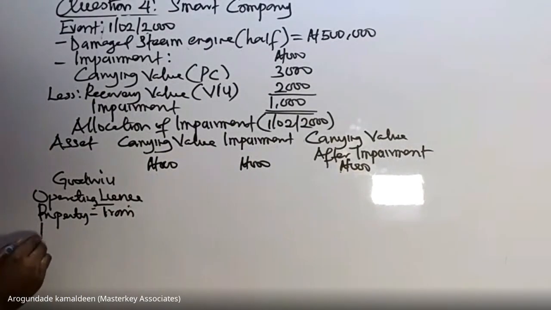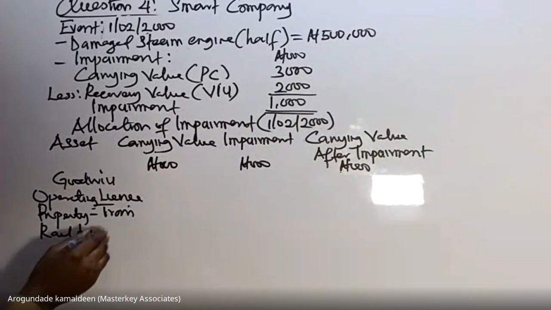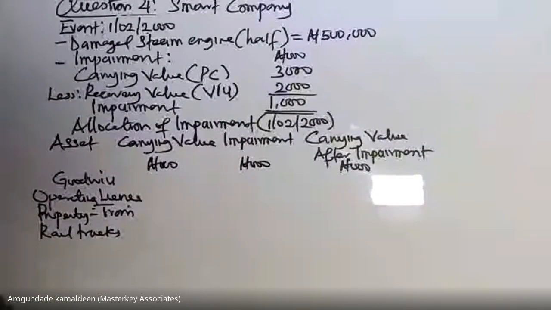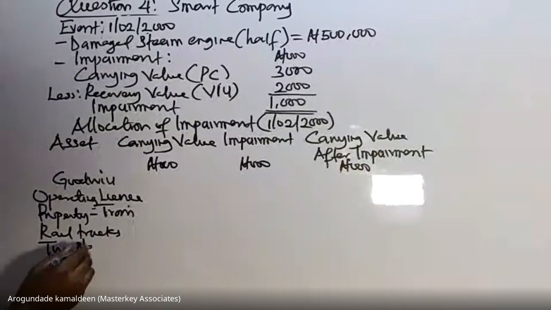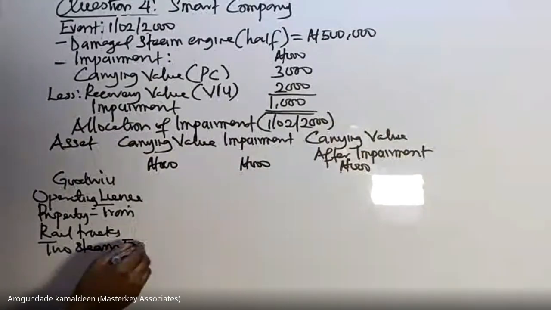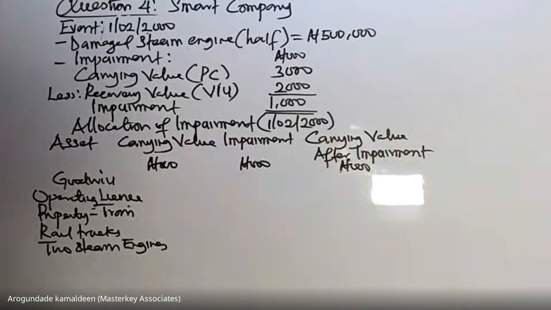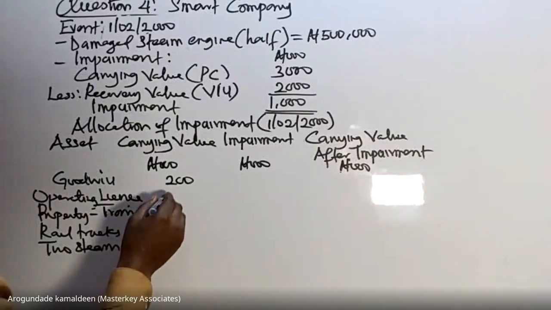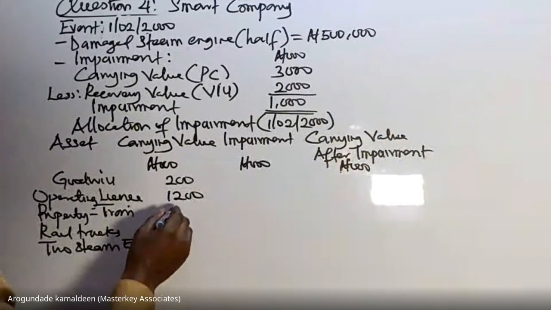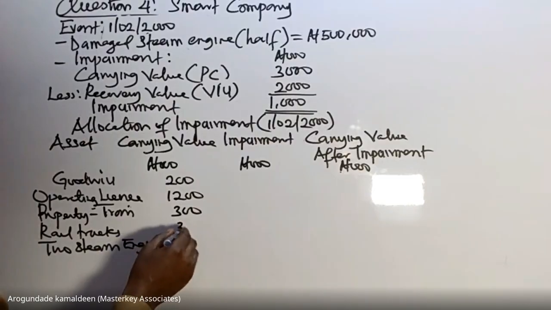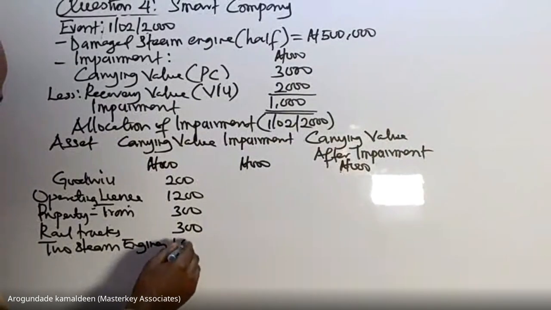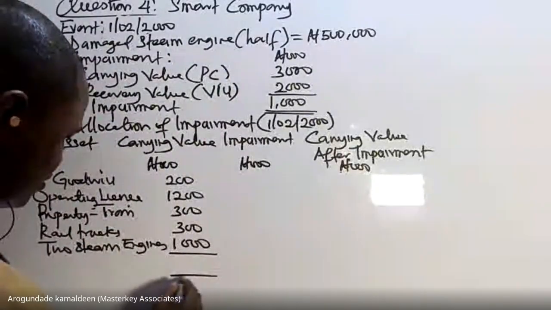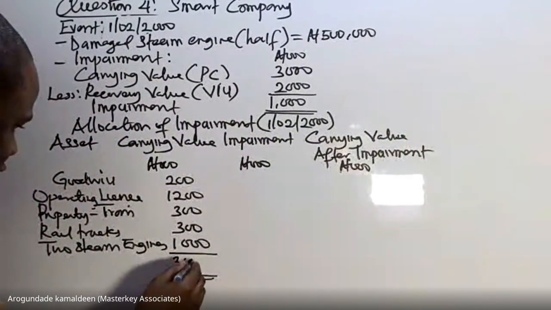Next, you have the rail track and coaches. Next, you have the 2 steam engines. Now here you have 200,000, 1.2, 300, 300. You add up. This is the initial carrying value.